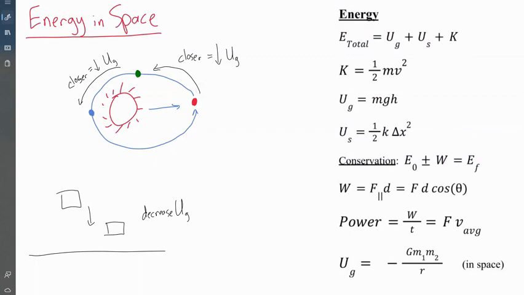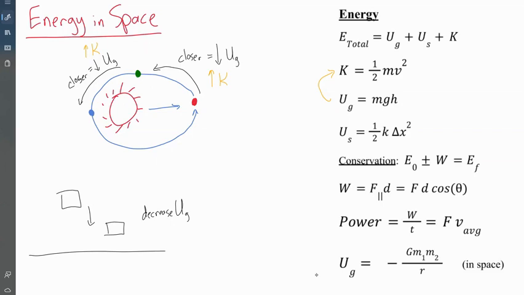Well, if something decreases gravitational potential energy, energy doesn't just disappear, it must increase something else. When planets move around stars, the closer they get, when we decrease that gravitational potential energy, it turns into kinetic energy. So as we get closer, we increase kinetic energy, and that makes the planet speed up.